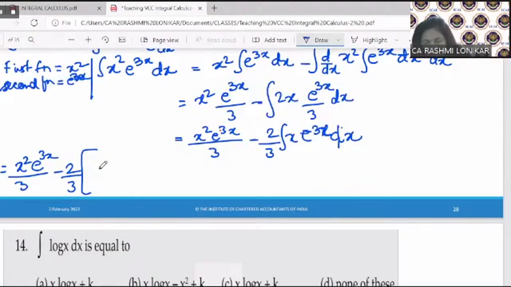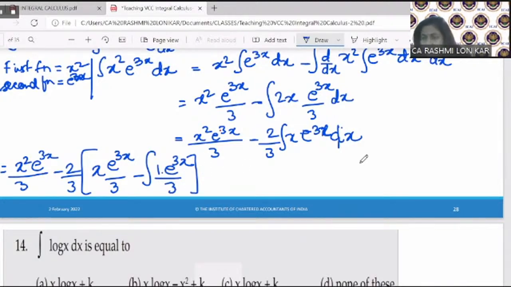First function into integration of second function, so this is x into e raised to 3x upon 3, minus integration of the derivative of the first function. What is the first function here? x. What is the derivative? 1 into e raised to 3x upon 3, plus c. Okay, so plus c is there.